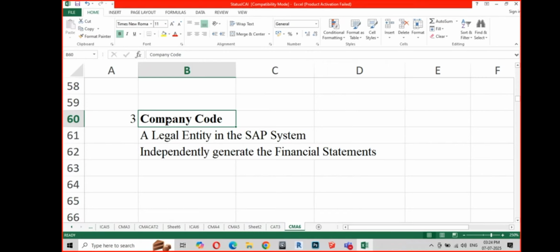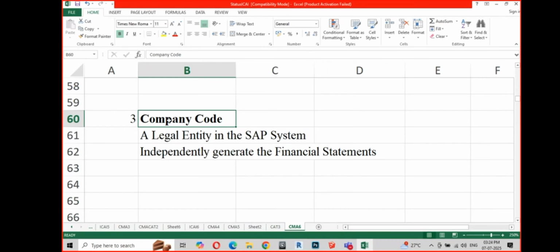So when I work on an SAP project for A Limited, I need to build A Limited as a company code in the SAP system.